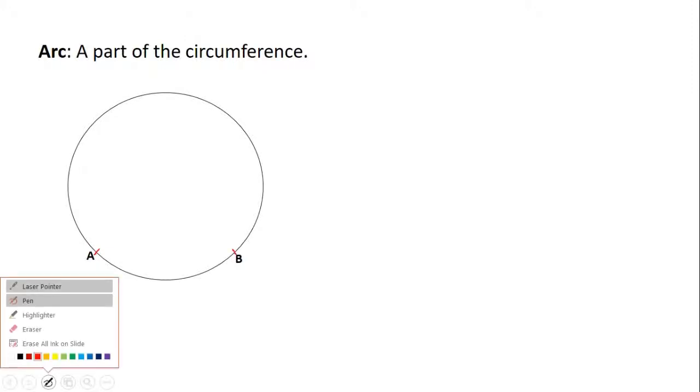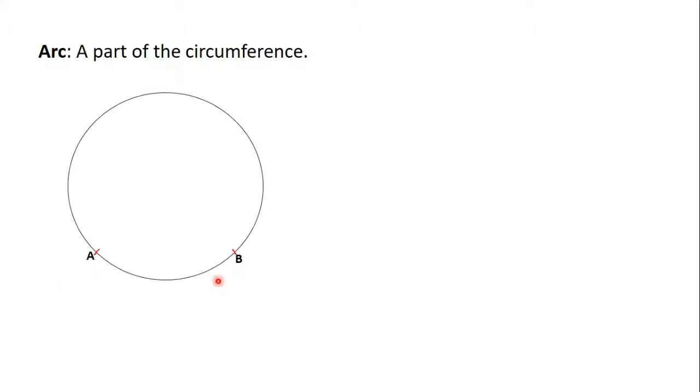An arc. An arc is a part of the circumference. So let's say that we have this circle here and we have this point here, point A. So I'm going to indicate here point A, and we have this point here, point B. Now you see that A and B is just a part of the circle. So if we cut this point A here and we cut this point B here, we are going to have this part AB.